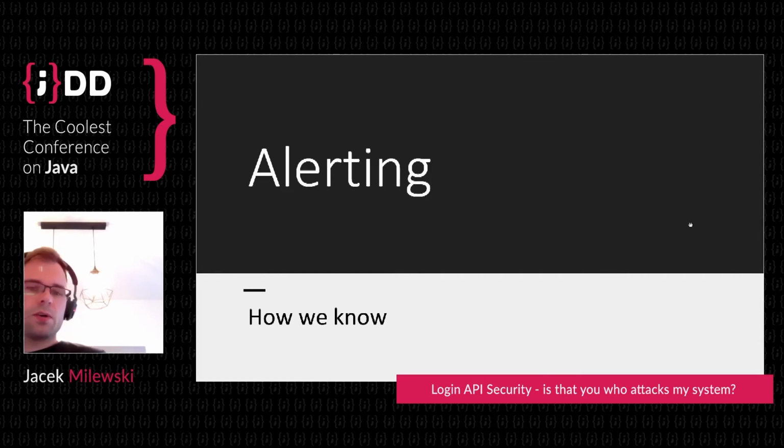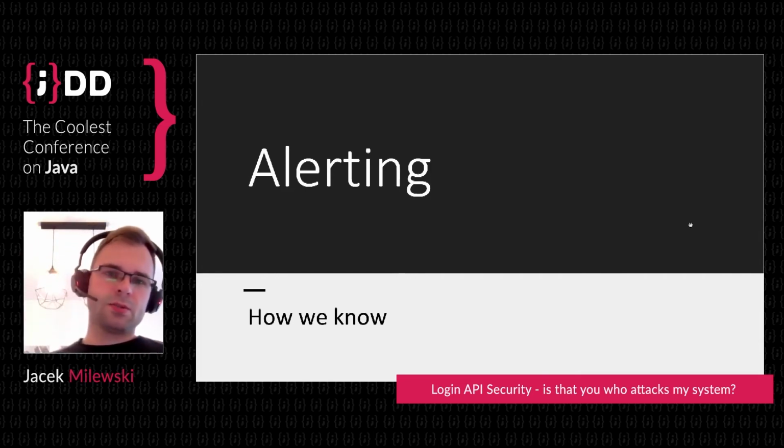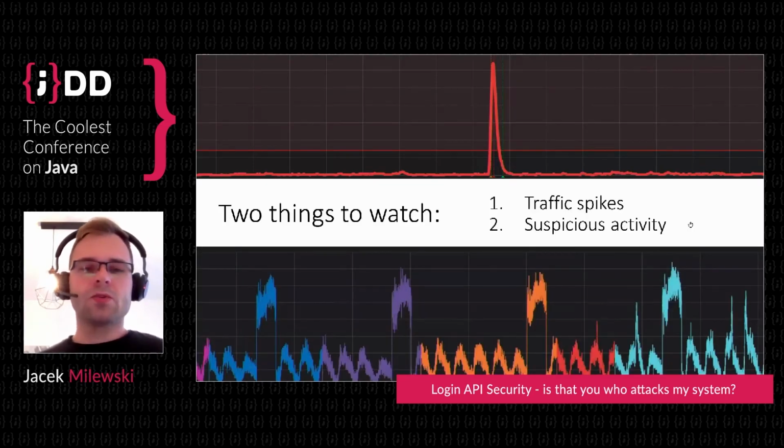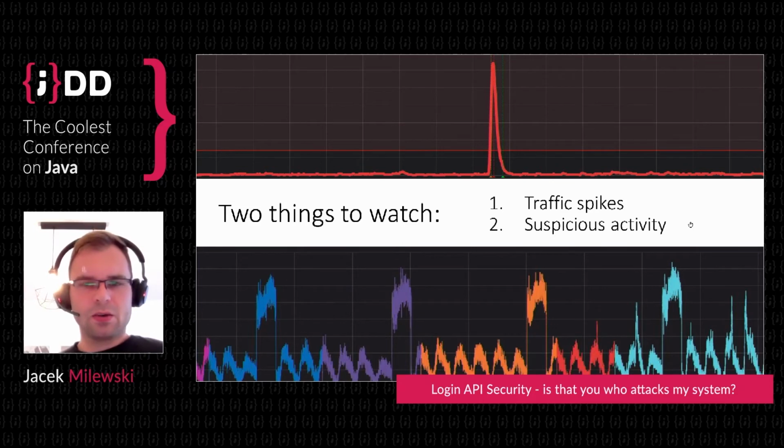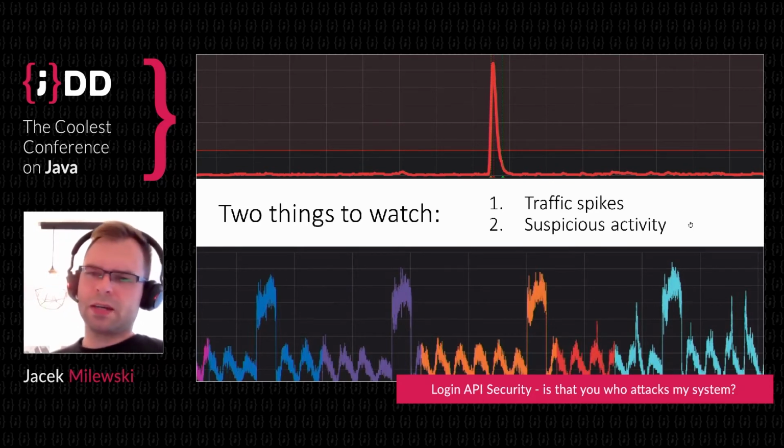And alerting, so how do we know? What do we alert on and what do we monitor? Basically we watch two things. First of all, traffic spikes, and also some kind of suspicious activity, both on metrics but also on business processes.